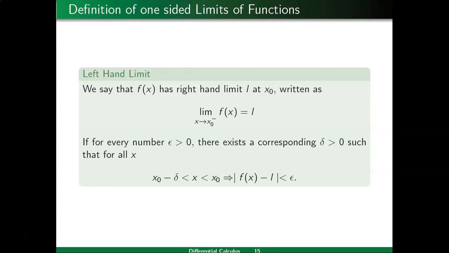Number two, if the left hand limit equals the right hand limit and both are equal to the common value L, then we say that the limit of f(x) as x tends to x naught exists and is equal to L. In this case, we write limit x tends to x naught f(x) equals L.